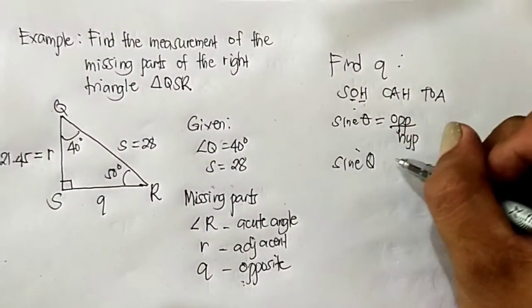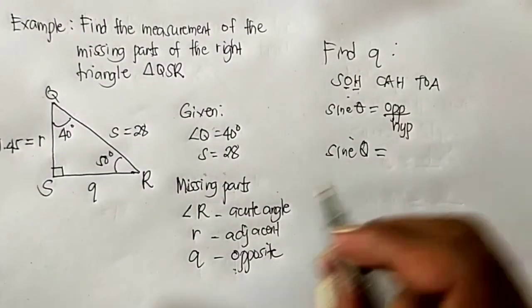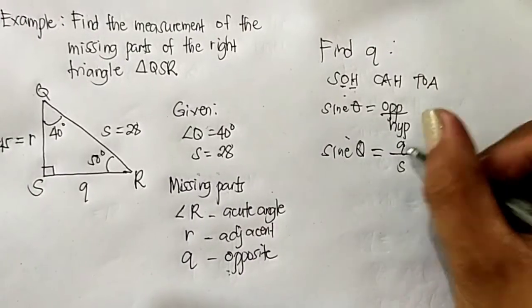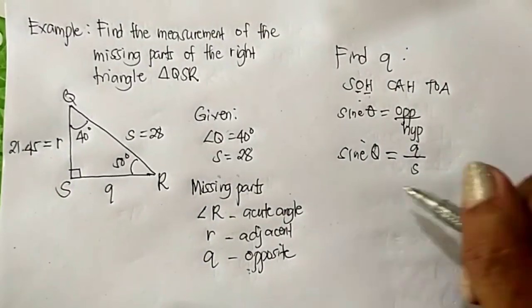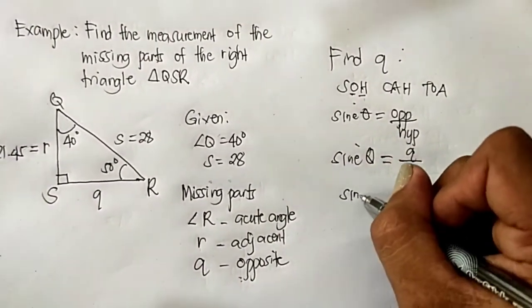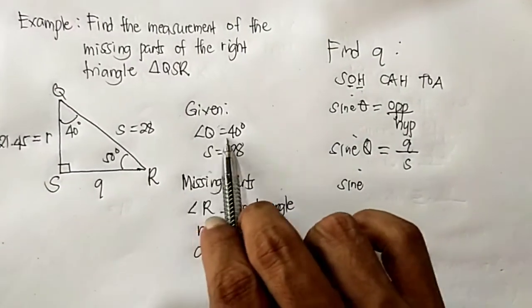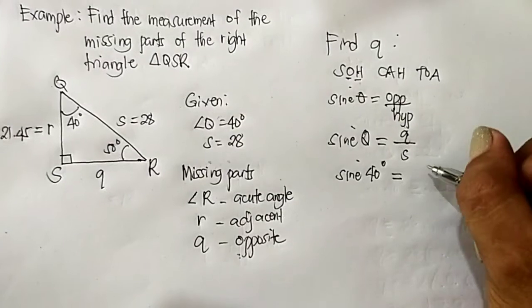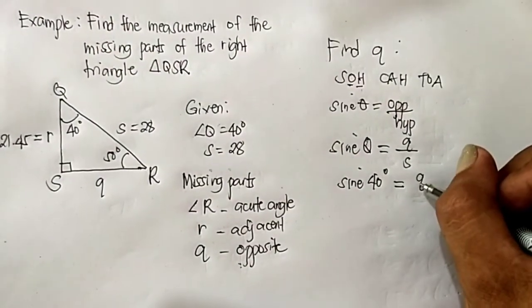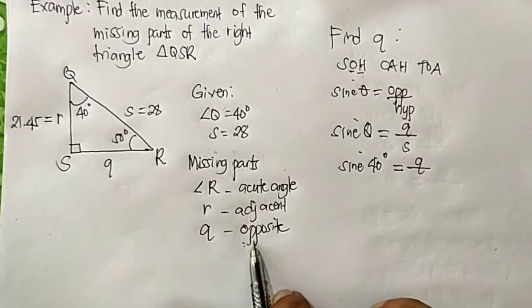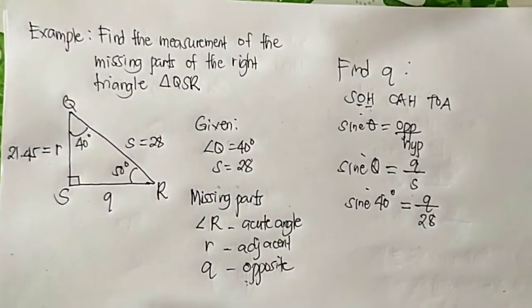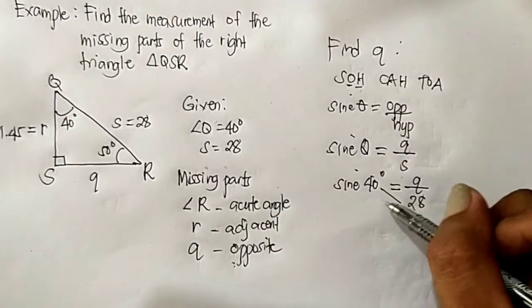Now substitute the letters. So sine Q is equal to opposite, small letter q, over hypotenuse, small letter s. And next, substitute the values. Sine Q given, which is 40 degrees, is equal to Q, the missing side, over S. S is 28. Now cross multiply.